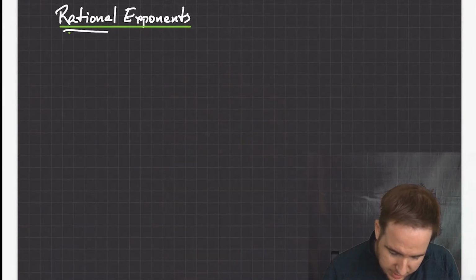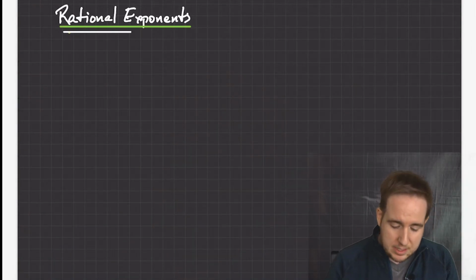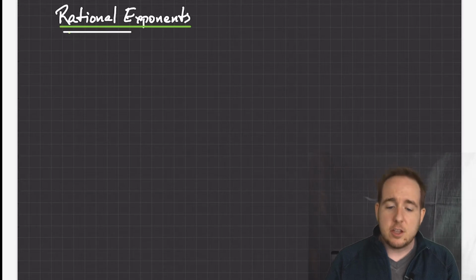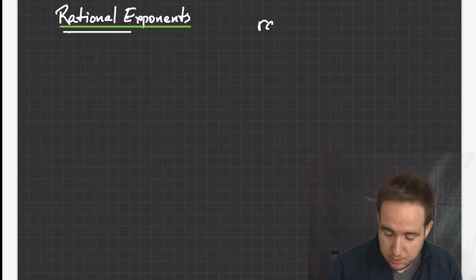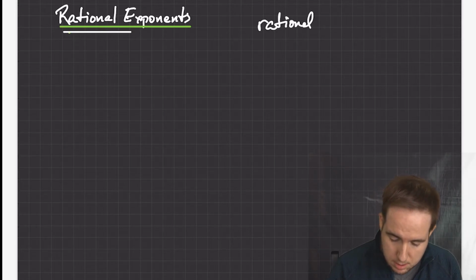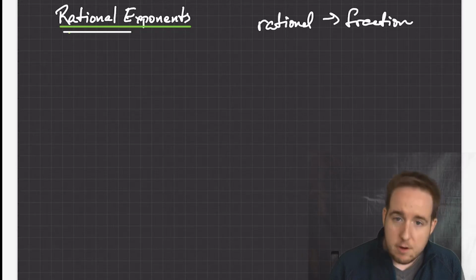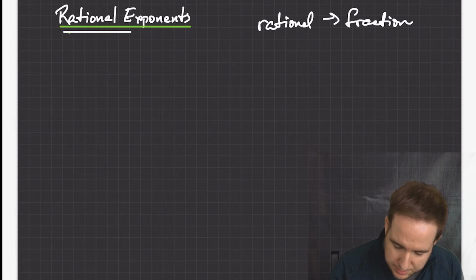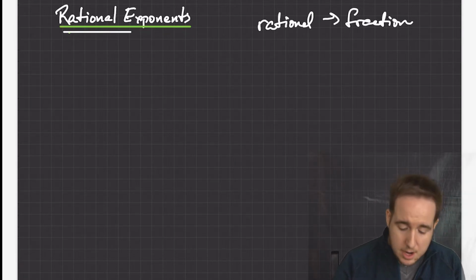to it. So the word rational, in this case, is the adjective that goes with the word fraction. So rational is the same thing as fraction. And this is going to get a little bit full, so let's make this a little bit finer.